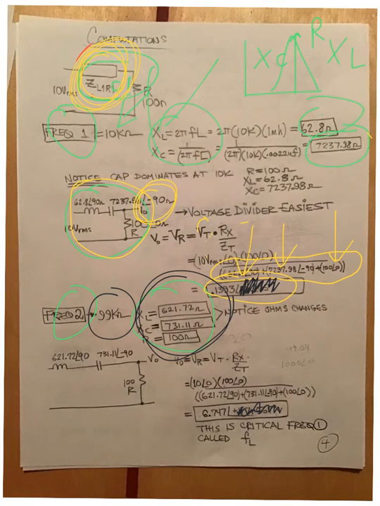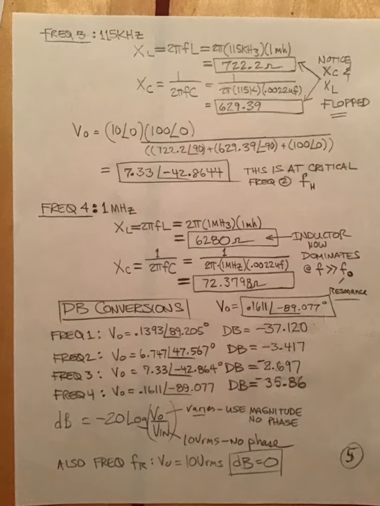It's down to 731, and the inductor's gone up while the resistor remains the same. So again, we take the voltage divider equation down here and we compute the voltage sitting on the output V out right here, and we come up with 6.747. This is the voltage at our critical frequency.